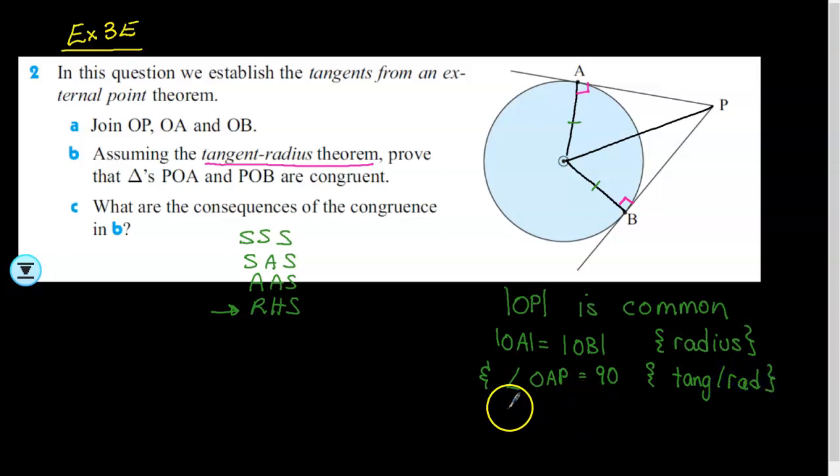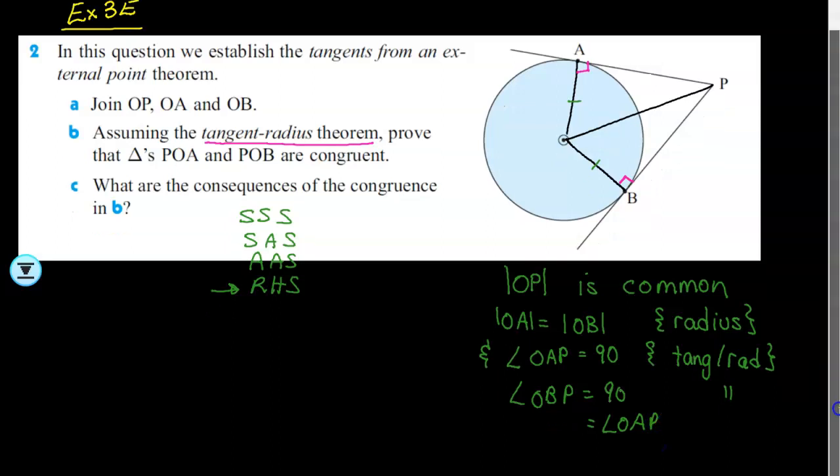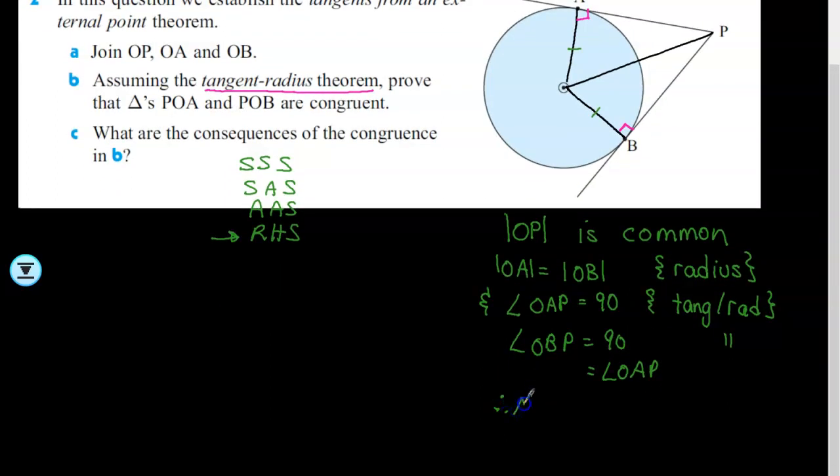And we can say, and similarly, OBP equals 90 degrees, radius, tangent, and that is equal to OAP. Therefore, triangles are congruent. RHS. Don't do all of that hard work and forget to give me the reason why they're congruent.